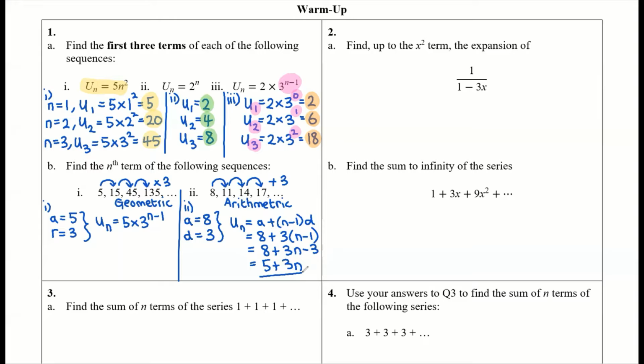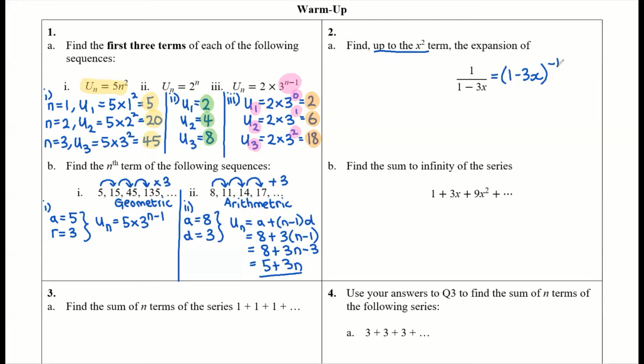So that's our nth term rule. Okay, moving on to question 2. We're asked to find an expansion up to the x squared term. All right, now if we do that, we just need to rewrite this. So we know this is 1 subtract 3x to the power negative 1. And we saw this in the warm-up for the previous lesson.